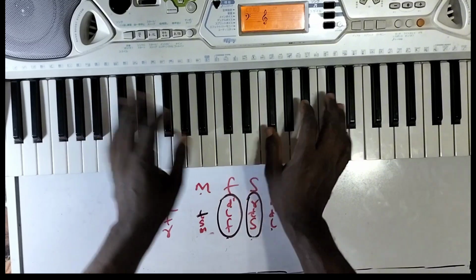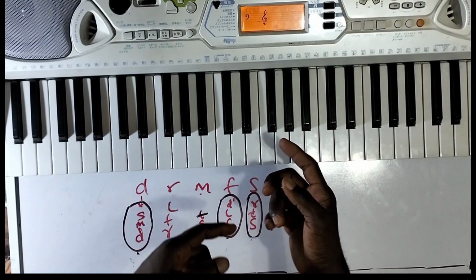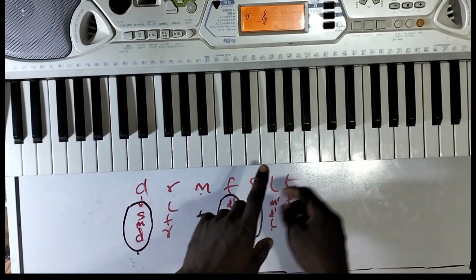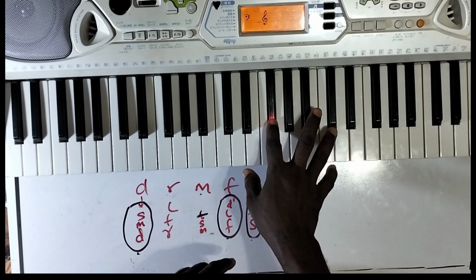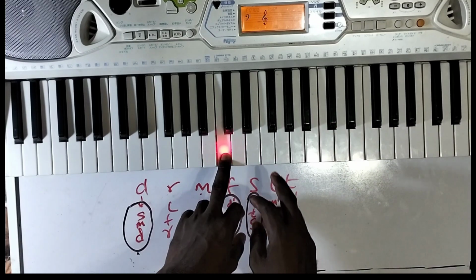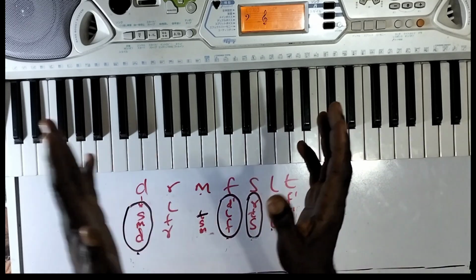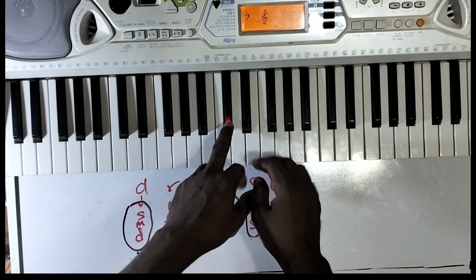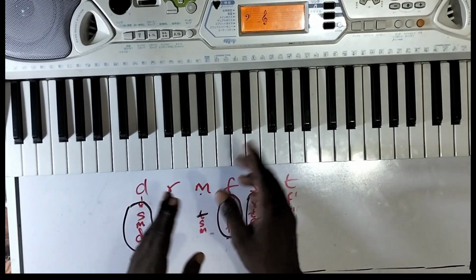The normal keys people like using in vamping are C, F, G, F sharp. These are the major keys people like using. I have seen people using C sharp, and I can play all the vampings in all the keys.